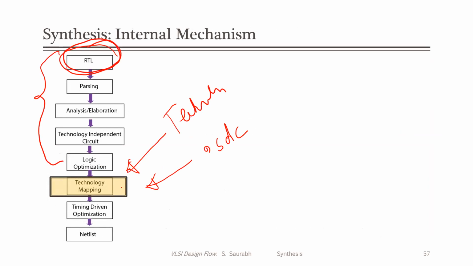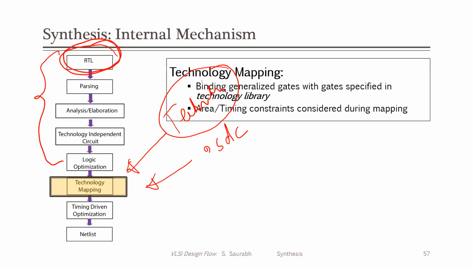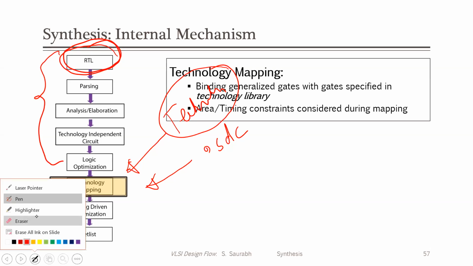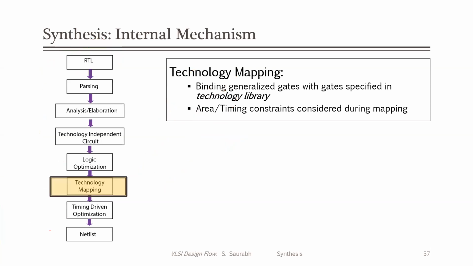But after this, for technology mapping and timing driven optimization and giving you the final netlist, you need your technology library and the attributes of the cells. Why does it need attributes of the cells? Because it needs to compute the area, delay, and so on. So to get those attributes, you need to give the technology library and the SDC file for doing the timing analysis.